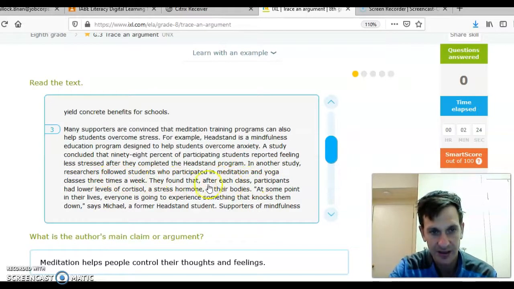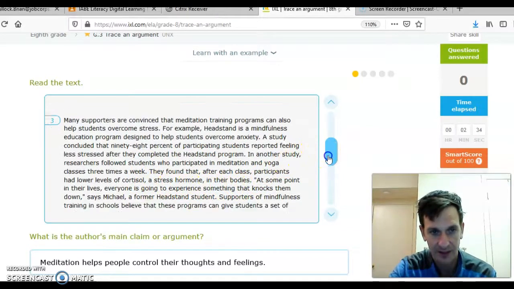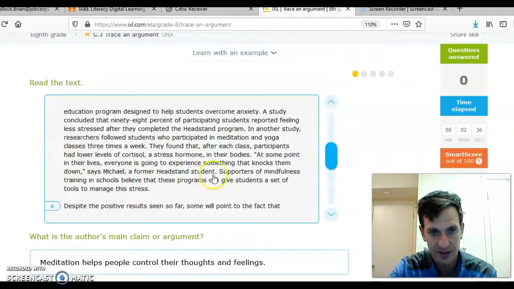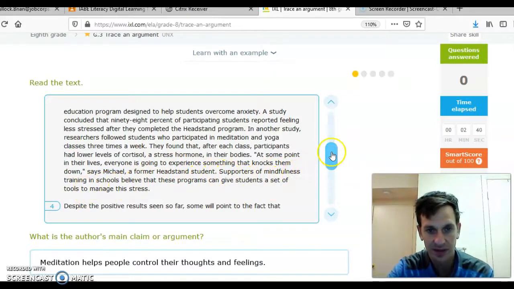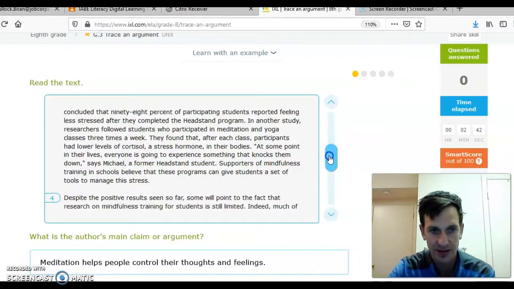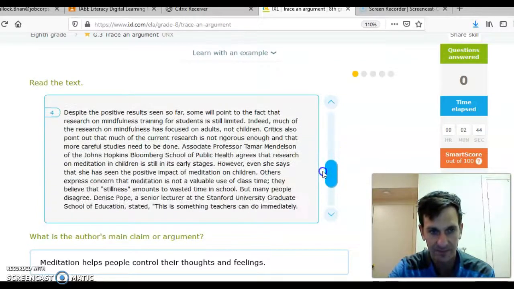They found that after each class, participants had lower levels of cortisol, a stress hormone, in their bodies. At some points in their life, everyone is going to experience something that knocks them down, says Michael, a former student. Supporters of mindfulness training in schools believe that these programs can give students a set of tools to manage their stress.